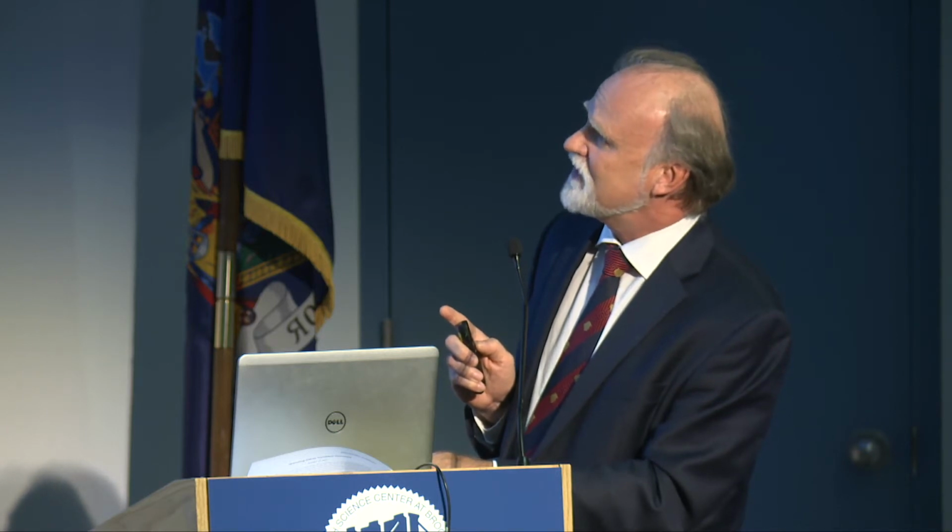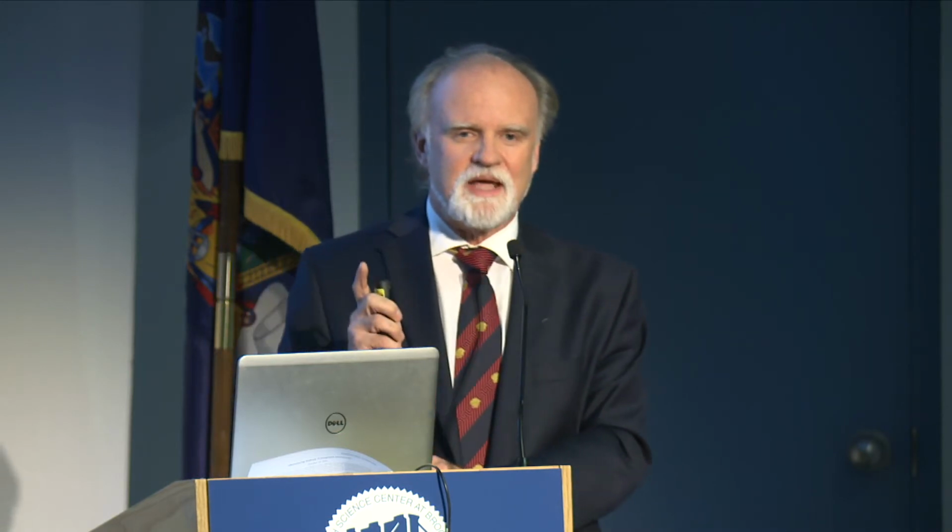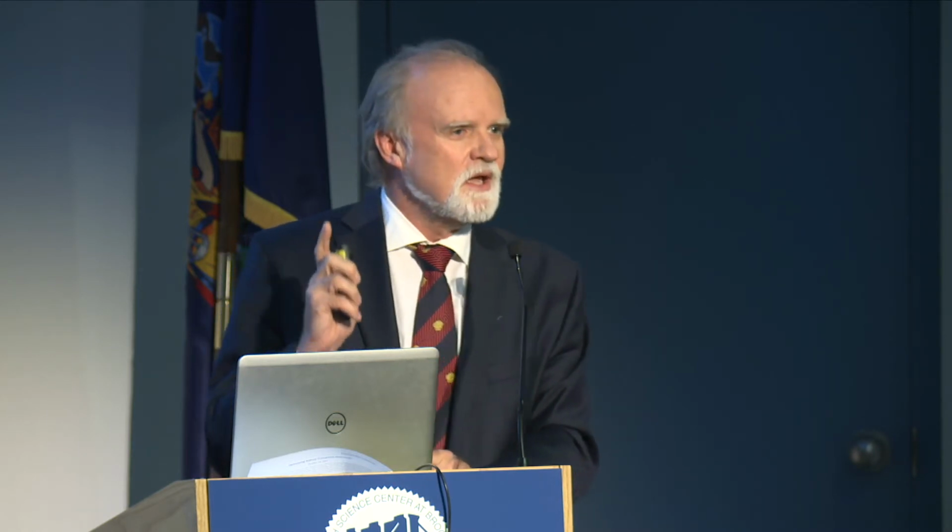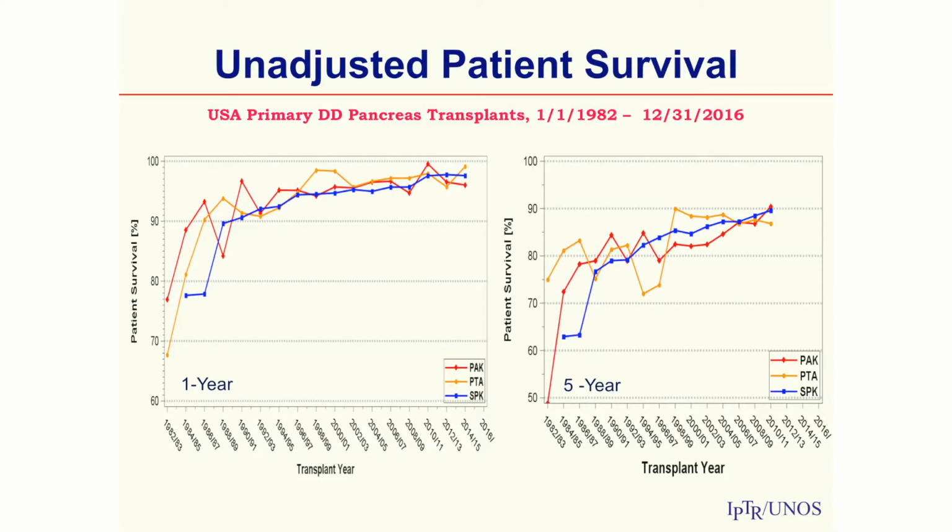Look, in the early 1980s, in the infancy of pancreas transplantation, about 30% or even more of our patients died within the first year. So imagine doing a transplant these days with a mortality of 30%, you would be crucified. Even for multivisceral or for liver transplantation, you cannot see a mortality that's any worse than that. But look what has happened over time.